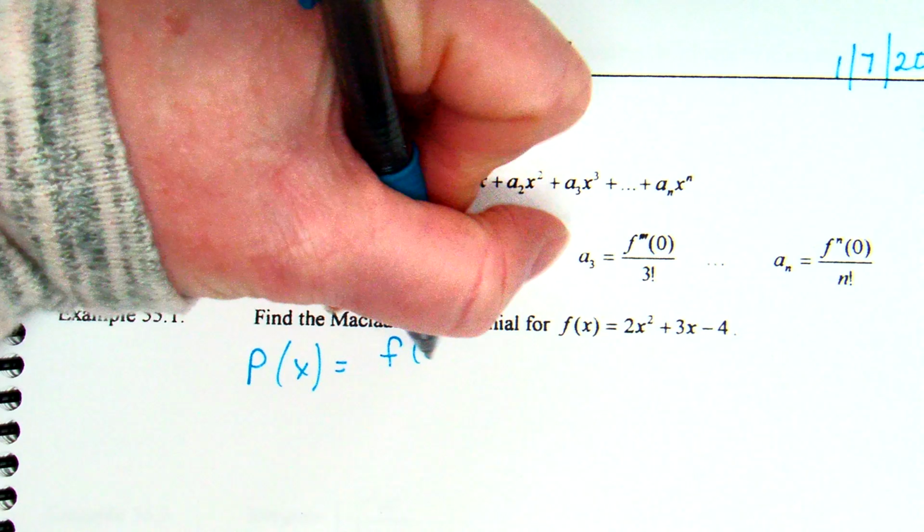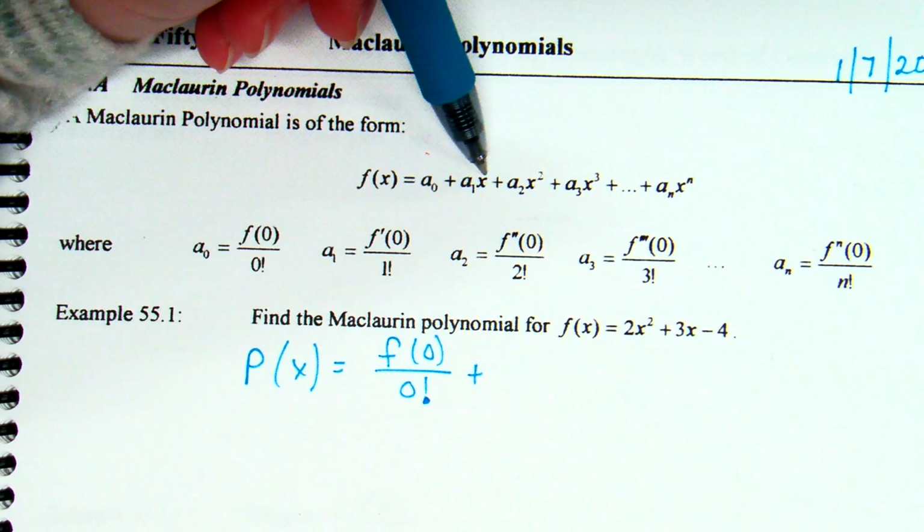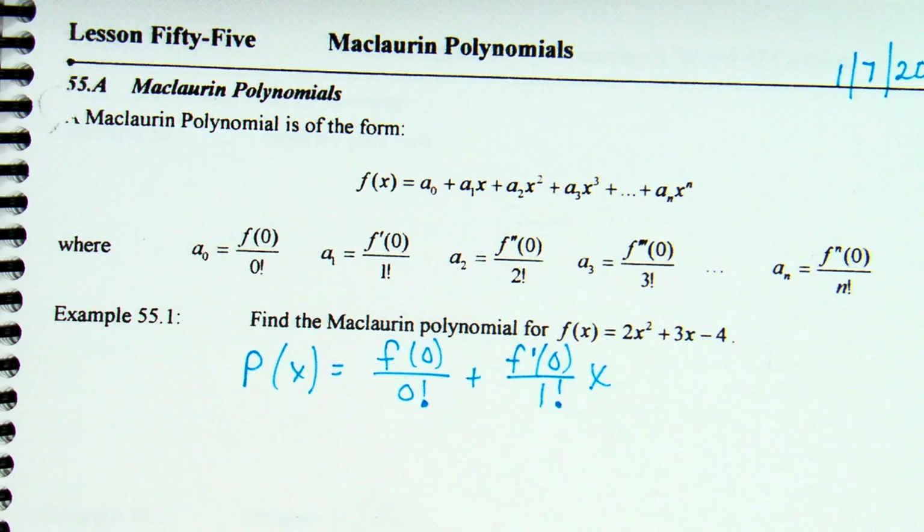I'll go back and fill stuff in here in a moment. Plus a of 1 times x. How do we do a of 1? First derivative at 0 divided by 1 factorial, and then it's times x. So that fraction I just wrote is your coefficient.